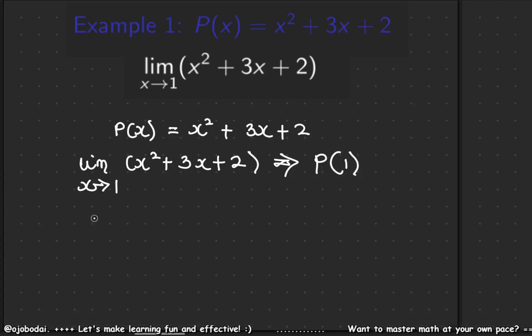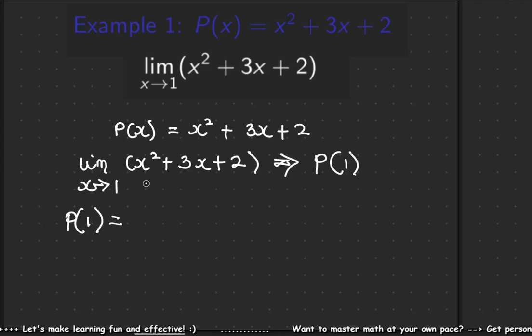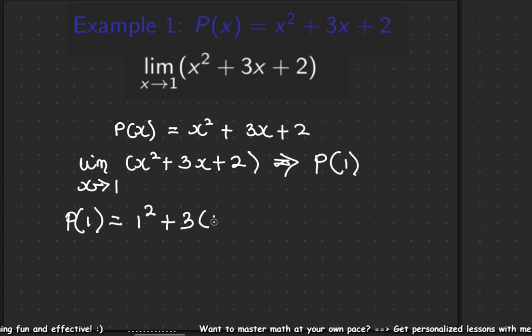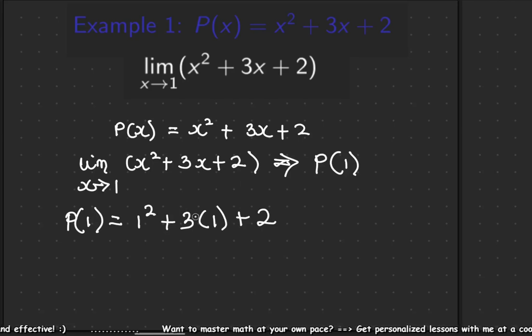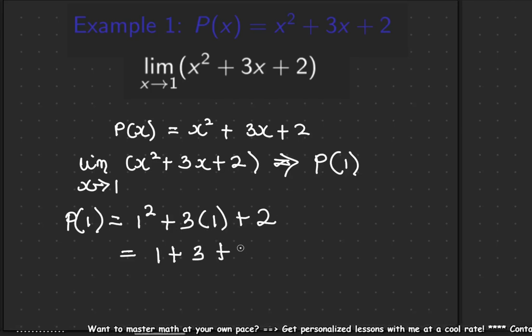So how do we solve that? The value of our polynomial at x equals 1 is simply found by substituting the value of x. Wherever we see x, we put 1 there. That is, we have 1 squared, that is x squared, then plus 3x, so plus 3 into bracket 1, and then plus 2. Then we do our evaluation. 1 squared gives us 1, plus 3 times 1 gives us 3, then plus 2.